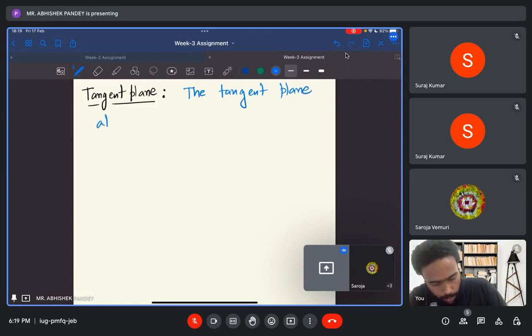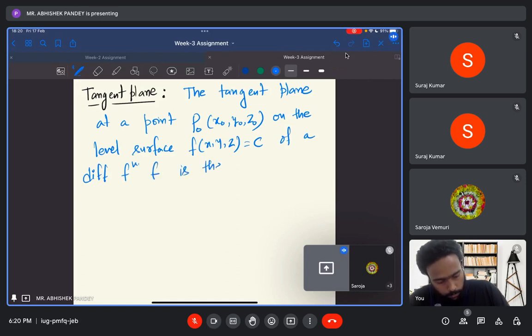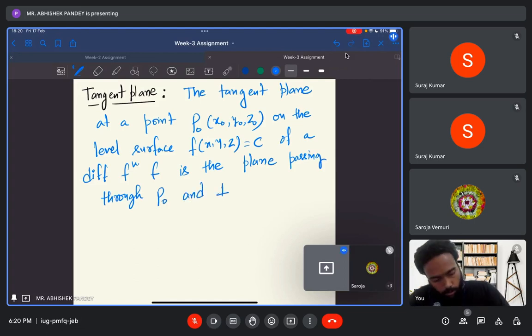The tangent plane at a point p naught (x naught, y naught, z naught) on the level surface of a differentiable function f is the plane passing through p naught and perpendicular, or normal, to del f at p naught.